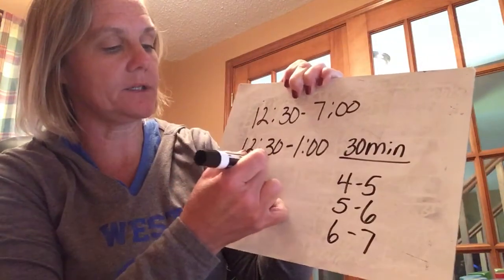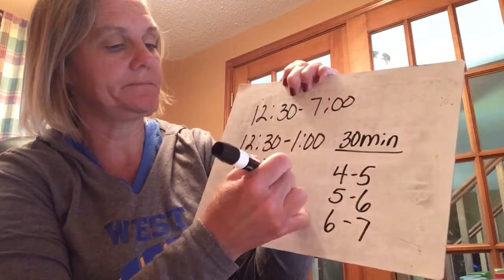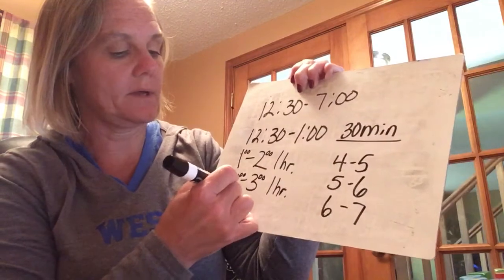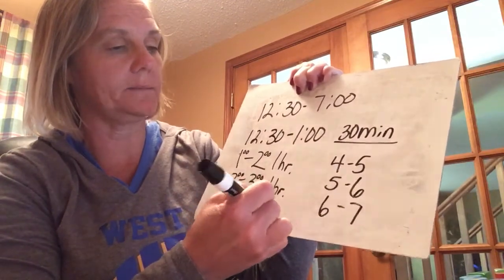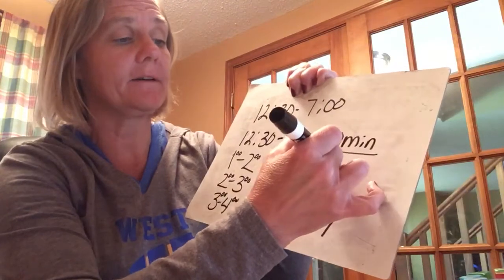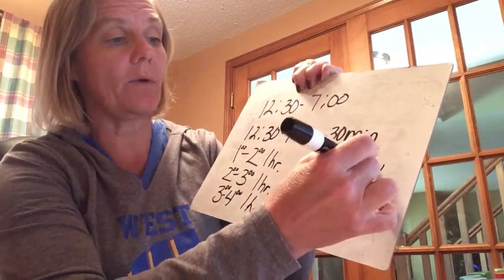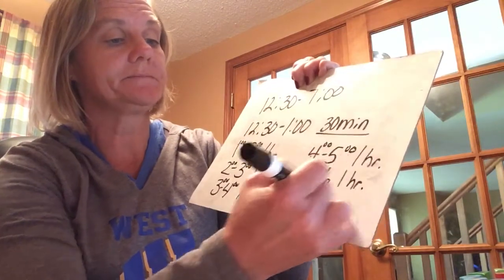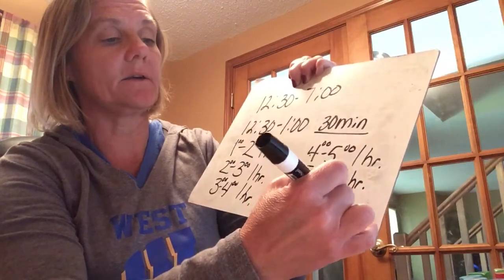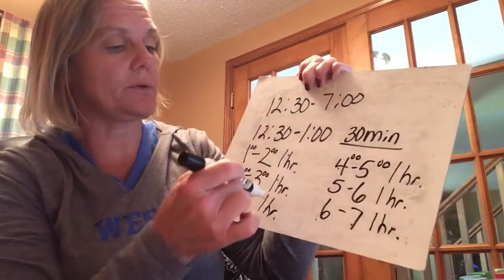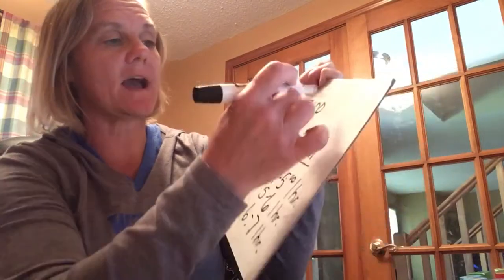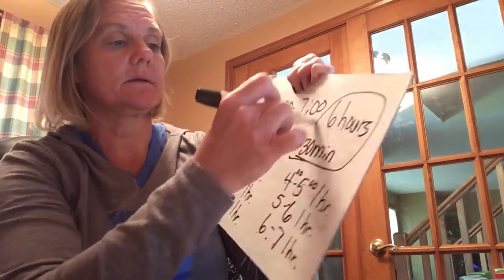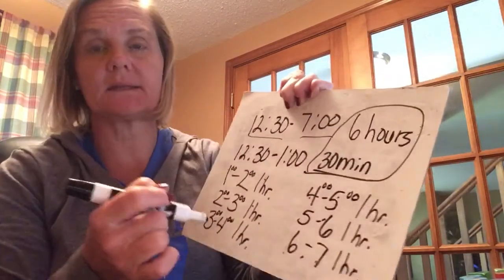So 1 o'clock to 2 o'clock is 1 hour. 2 o'clock to 3 o'clock is another hour. 3 o'clock to 4 o'clock is another hour. 4 to 5 o'clock is another hour. 5 to 6 is another hour. 6 to 7 is another hour. So total 1, 2, 3, 4, 5, 6 hours and 30 minutes. So that's the total time from 12:30 to 7 o'clock.